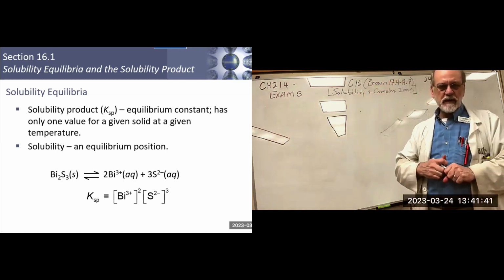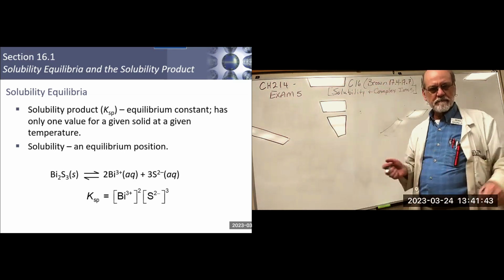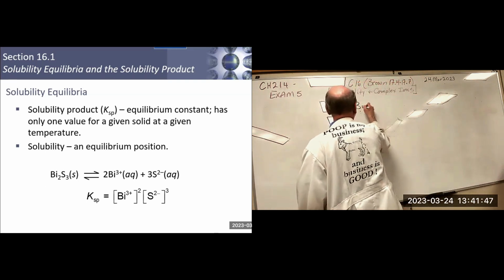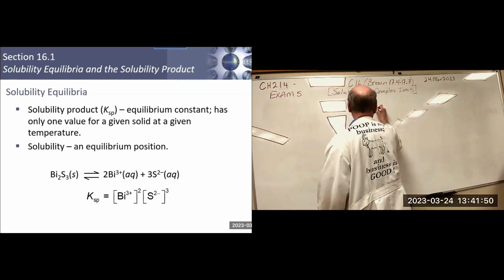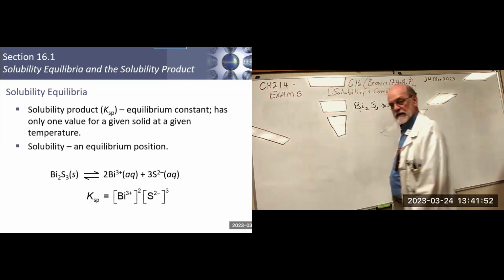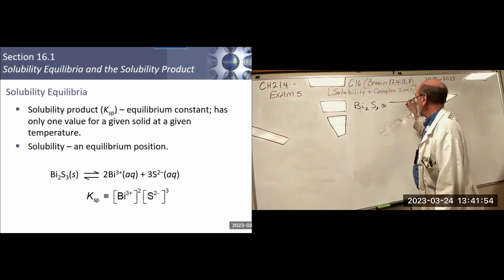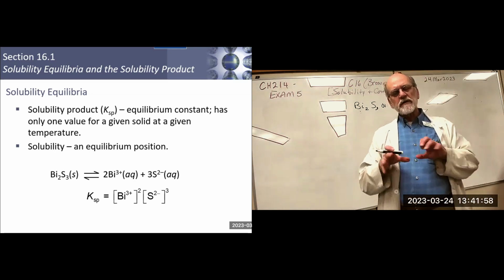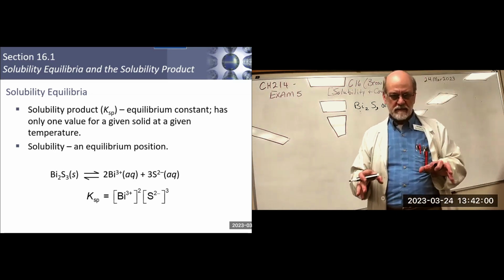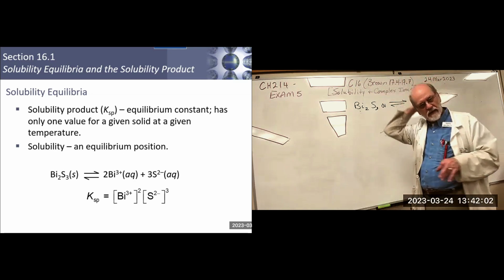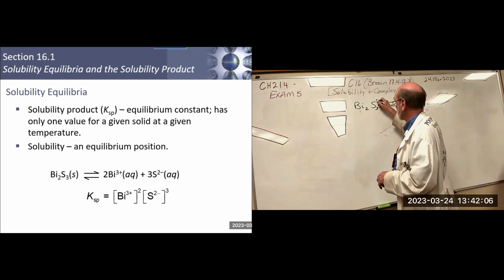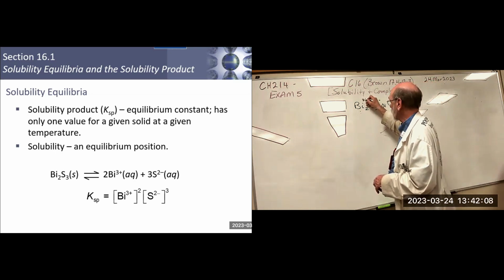This example has bismuth sulfide, which is a solid, and we're going to put it in aqueous solution. By the way, we're only going to talk about aqueous solubility from now on. So how many ions would this produce? Well, this is a 2- charge. This is a 3+ charge.